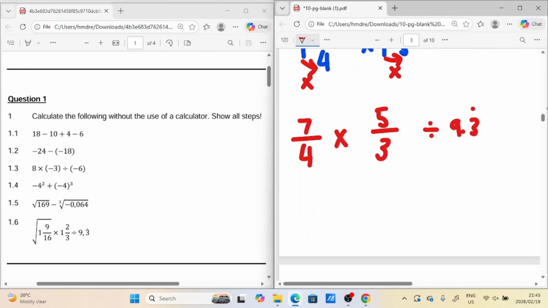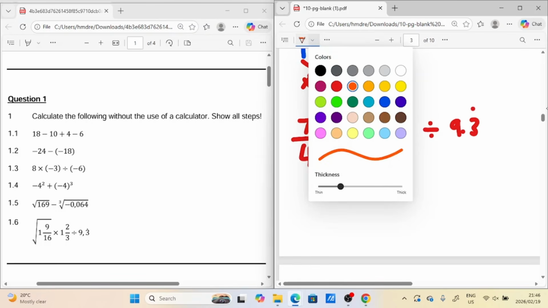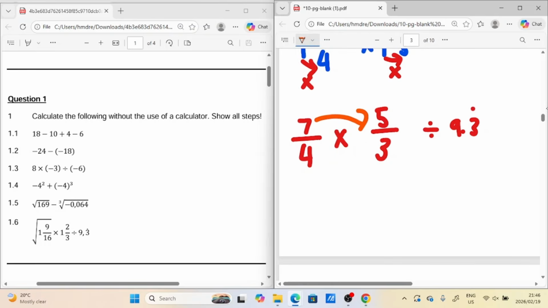When we multiply fractions, it's really straightforward. We just go top times top, bottom times bottom. So we're going to get 7 times 5 is 35, and 4 times 3 is 12, divided by 9 and 3 recurring.